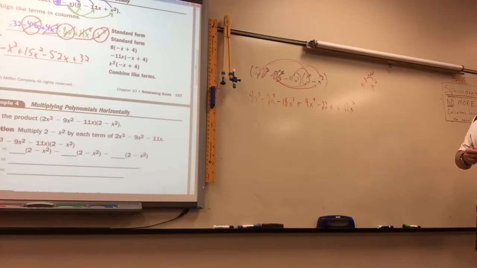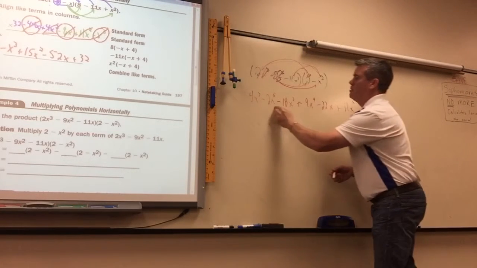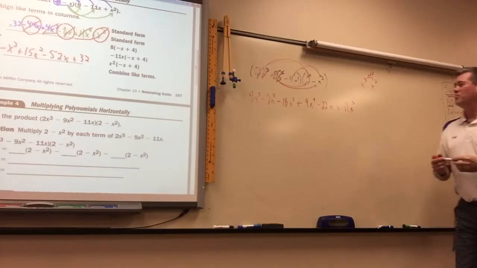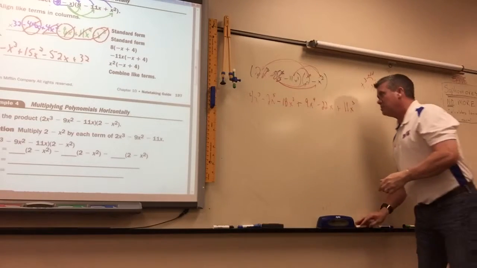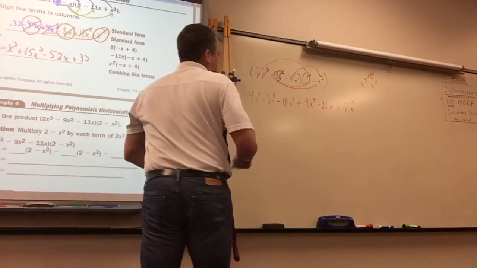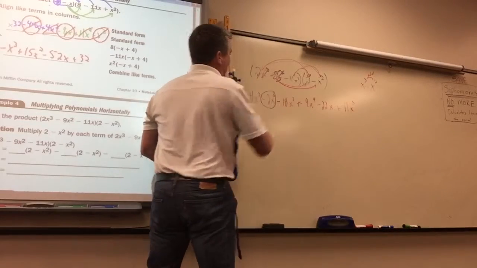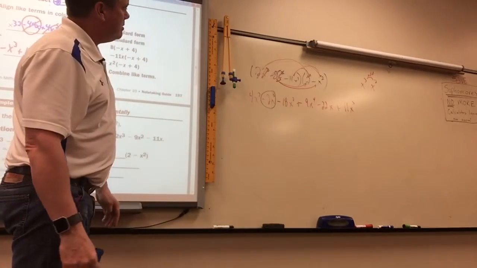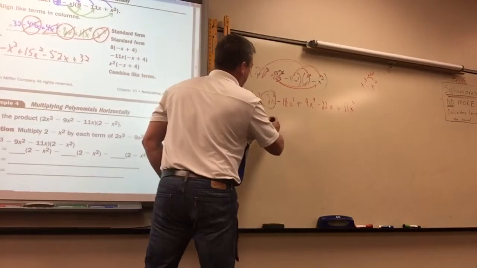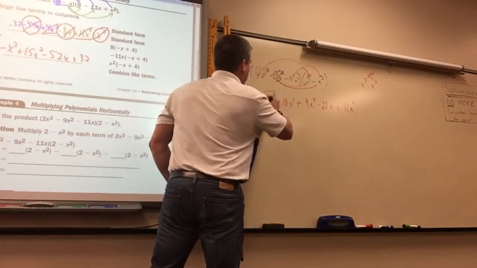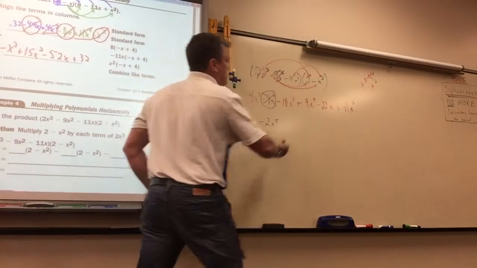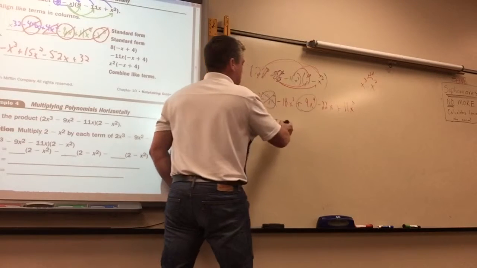So now we have 6 terms, right, that we have to combine. Start with the biggest exponent, which is to the 5th, and that should be the only one, right? Yep. So you just put that one first. Then go to the fourths. There is only one, so put that next.